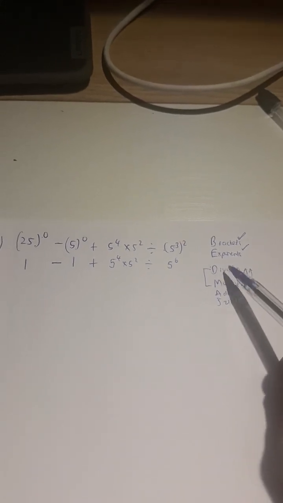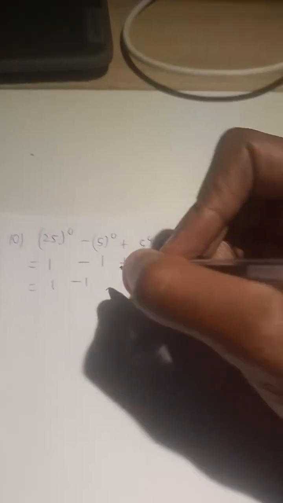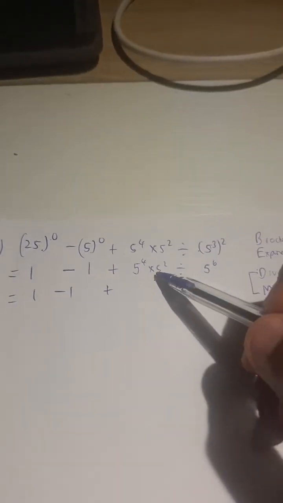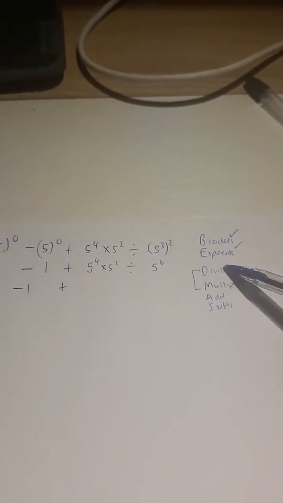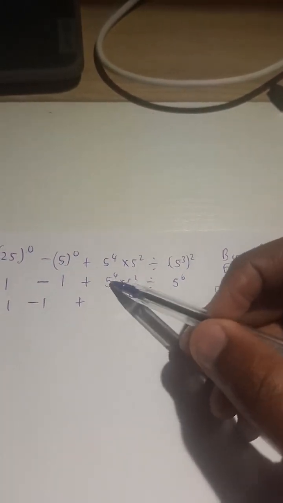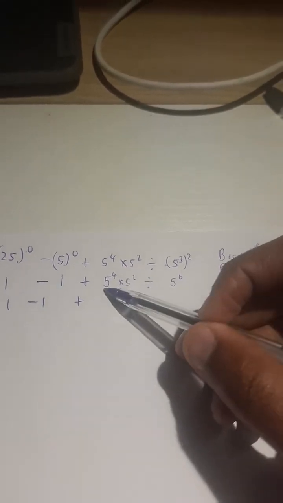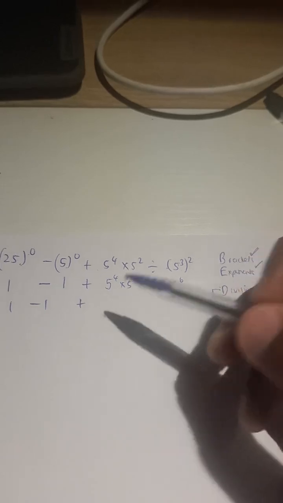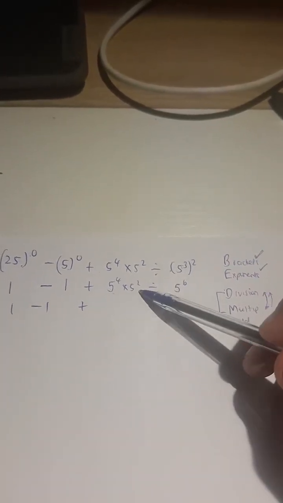Now the next thing we need to look at is division and multiplication. So for now, guys, I'm just gonna say 1 minus 1, leave it like that, plus, now we have multiplication and division. We can attend to these at the same time. So the multiplication, if we have bases that are the same, guys, 5 to the power 4 times 5 to the power 2, what does the law of exponents say with multiplication of bases that are the same?